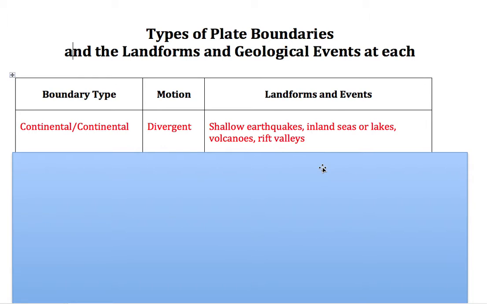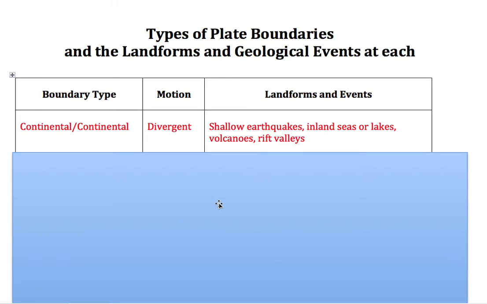The next thing that you're going to do is get a new plate boundary map and highlight one good choice for each type of boundary. And I'm going to go through, give you the evidence, and show you some examples on maps.